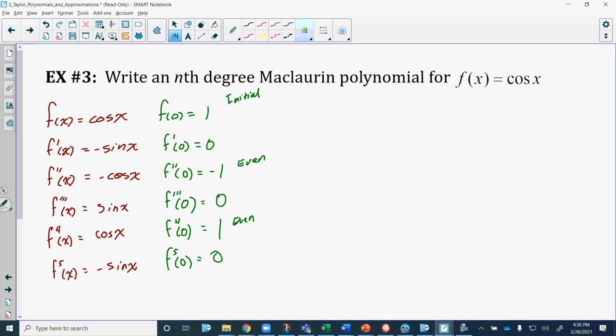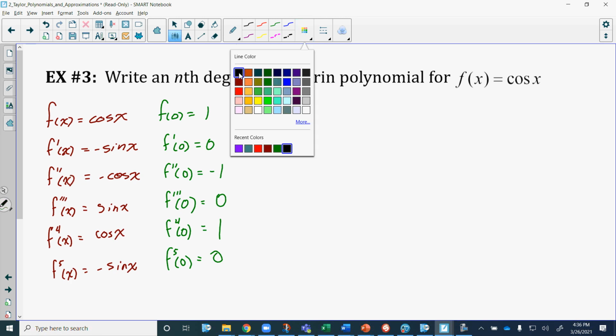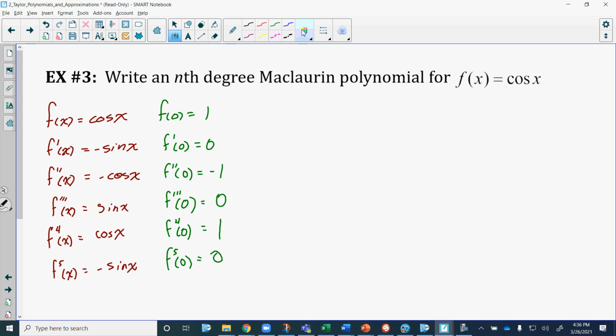Okay? So let me clean this up because I'm going to want the space here, but I just wanted to illustrate that. So again, let's go ahead and write out what the generic Taylor polynomial would be. I did it through the 5th polynomial, but we're trying to establish a pattern.